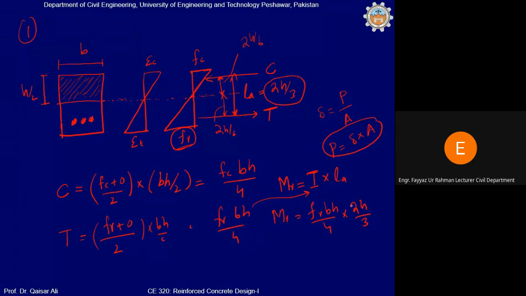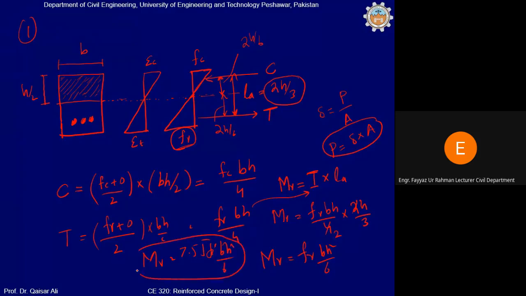If we simplify this, this will be cancelled with this, and finally MR will be equal to FR into BH square divided by 6. You can also write this: MR is equal to FR, where FR is equal to 7.5 under root FC prime, into BH square divided by 6.